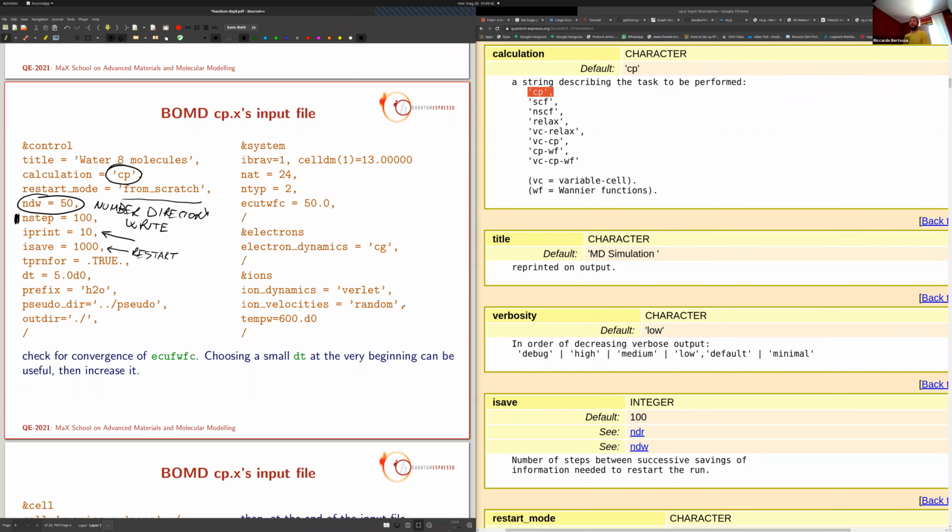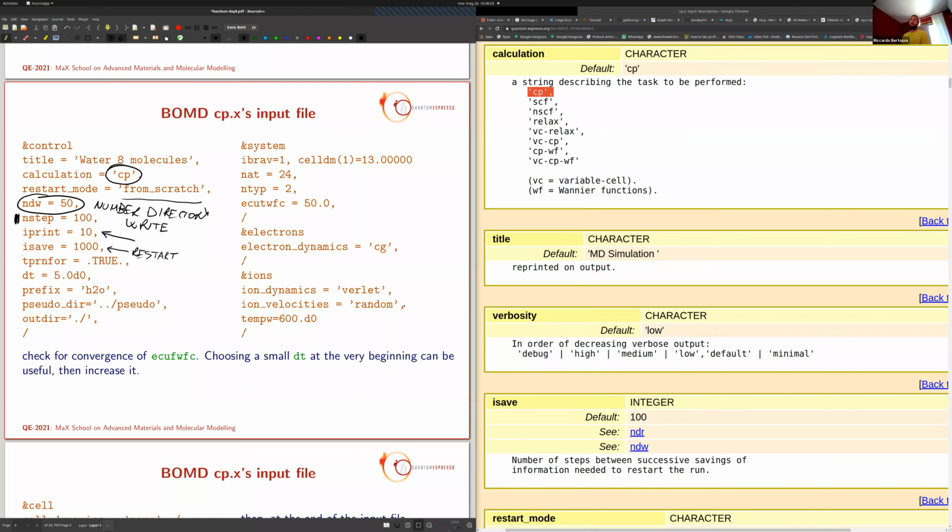It happens to me a lot of times. You don't want to lose the computation of the whole day, so you tell the code to write the restart file every 1000 steps. That can be, let's say, half an hour, 1 hour, whatever. So later you can restart from the last restart file written.